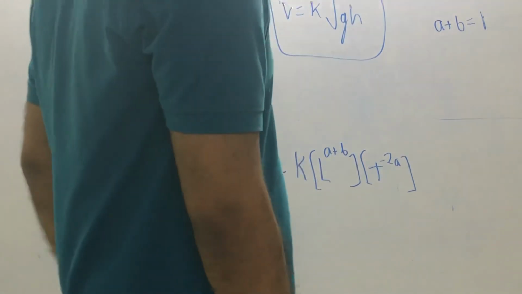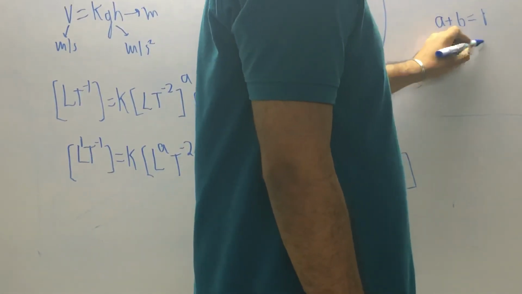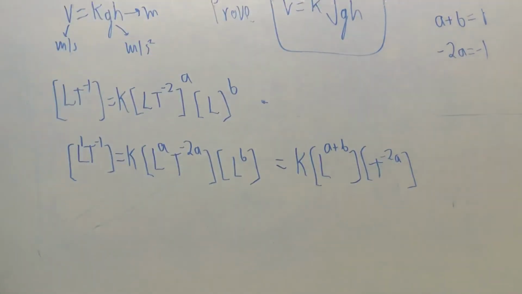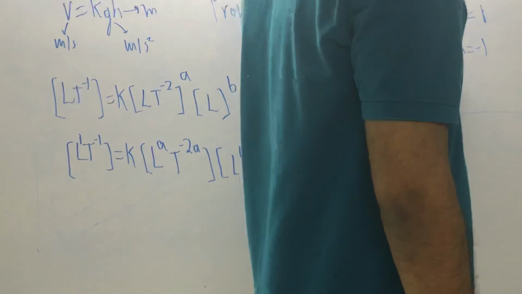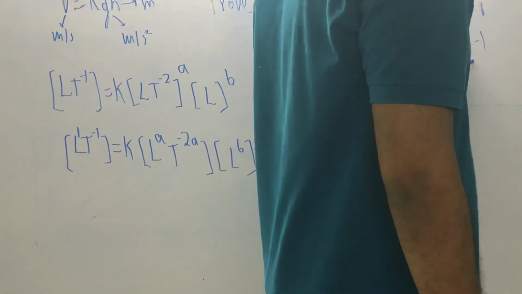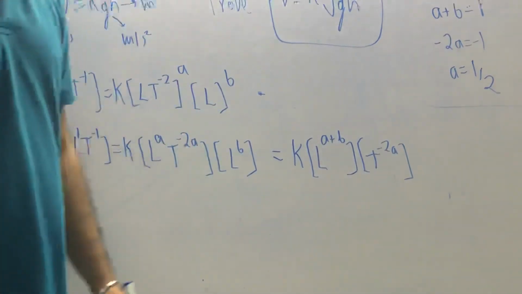And the second relationship will be minus 2a is equal to minus 1. These are the two equations we get. So just put in the values and find them. a comes out to be 1 by 2. Yes, minus 1 upon minus 2 is 1 by 2.